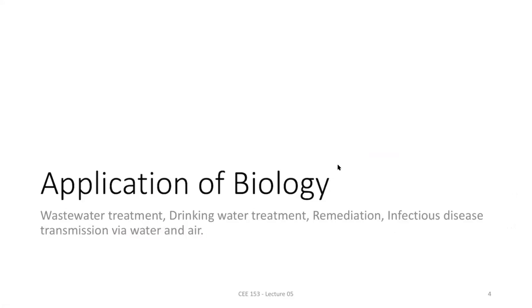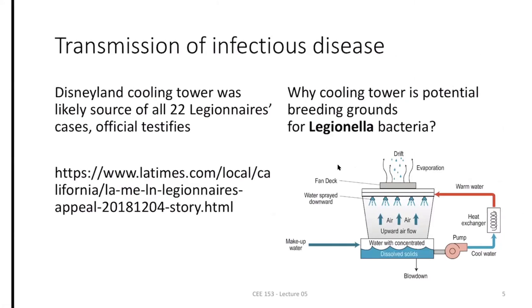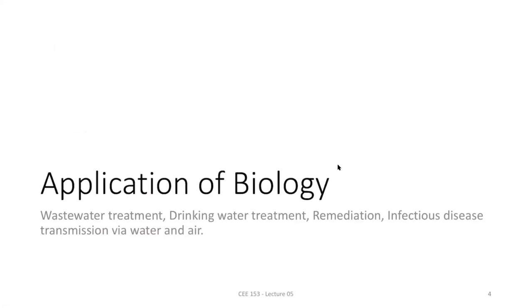All right. So application of biology. When you think of environmental engineering application, in fact, environmental engineering is born because you want to treat our wastewater. And that's the reason environmental engineering was the discipline developed in the 1970s. So wastewater treatment plants at the core is a biological treatment.